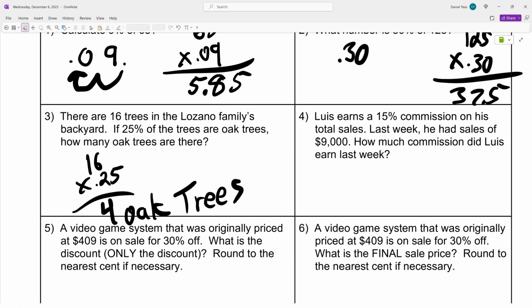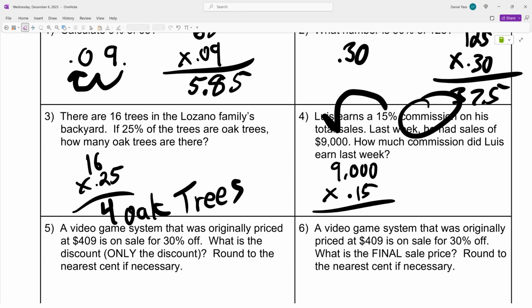Okay, so what about number 4? Number 4, so you're going to put 9,000 times 0.15. Now, what is a commission? A commission is how much somebody is going to be paid if they sell something big.